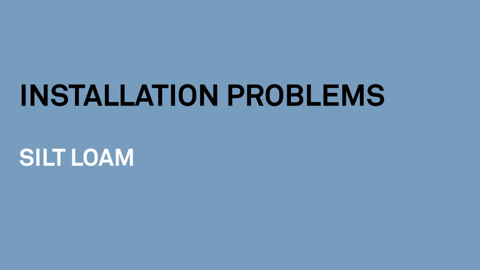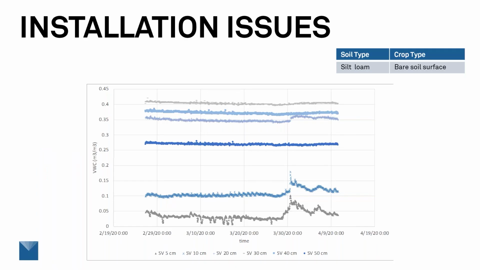And finally, installation problems. This is one of our sites we recently installed here, and this is in our silt loam. It's pretty wet out there, and we're getting some readings between 0 and 5% and around 10%. And this is a big concern.